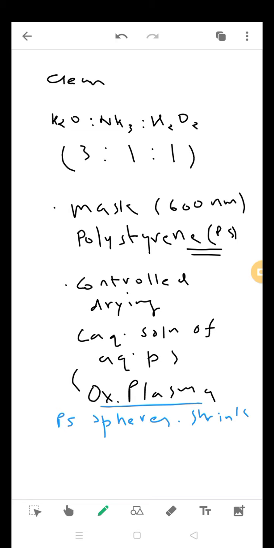And on top of the colloidal mask, 60 nanometers of nickel is incorporated by thermal evaporation.